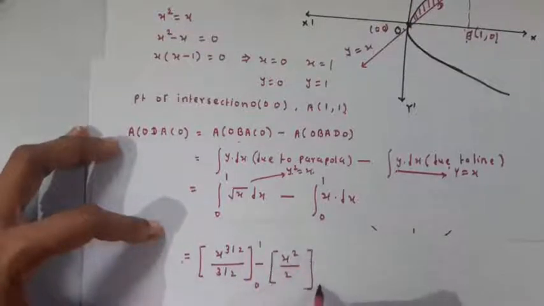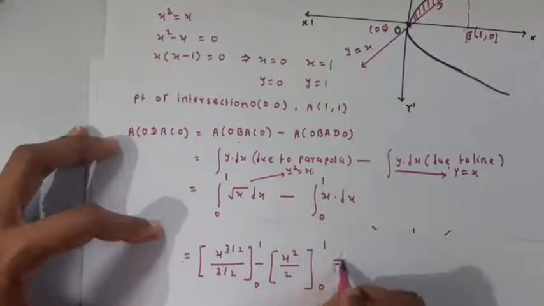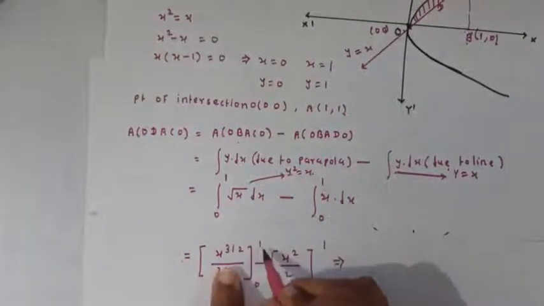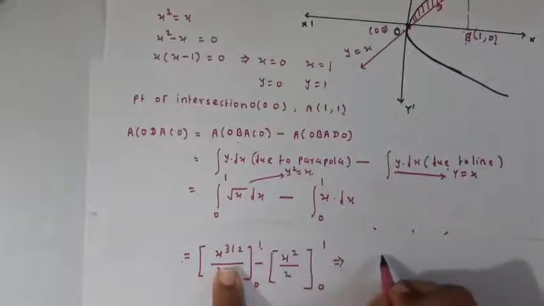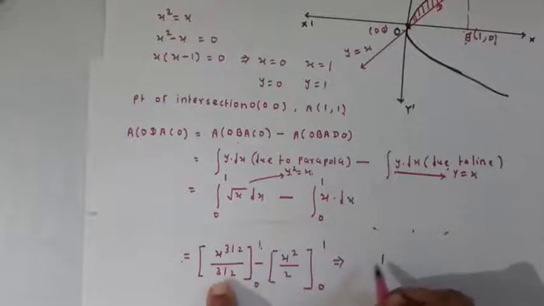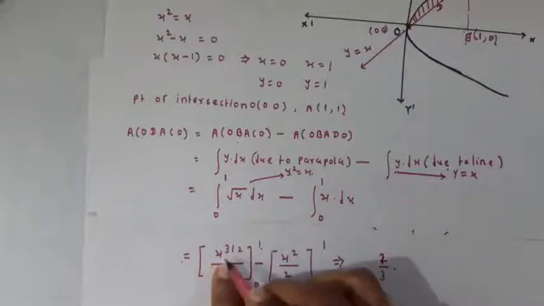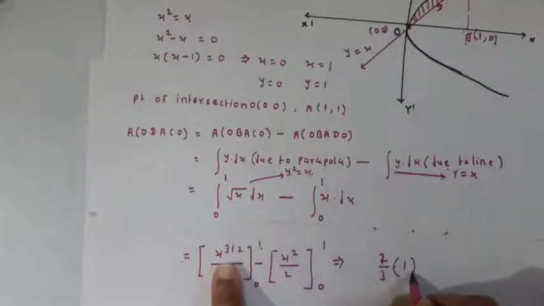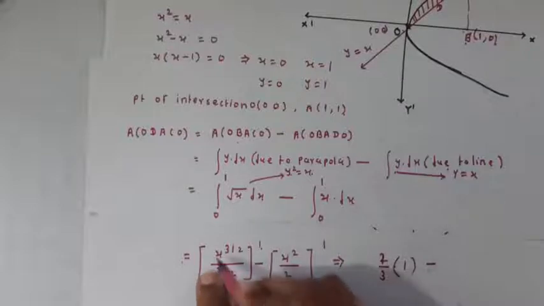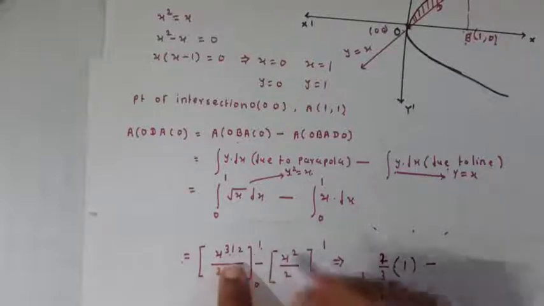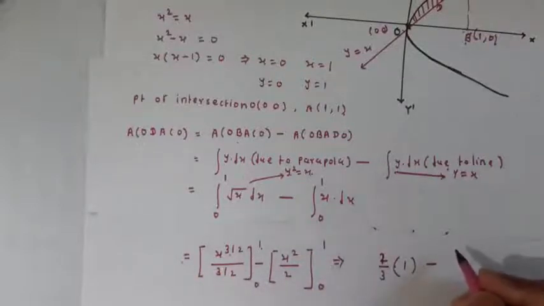This is equal to x raised to 3 by 2, put x equal to 1: 1 raised to 3 by 2 is 1, and 1 upon 3 by 2 is 2 by 3. Minus x equal to 0, 0 raised to 3 by 2 is 0.